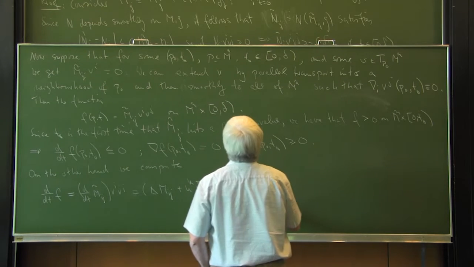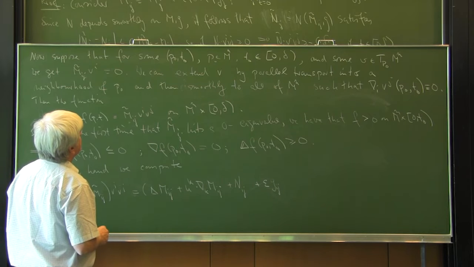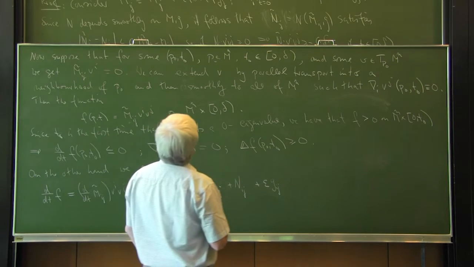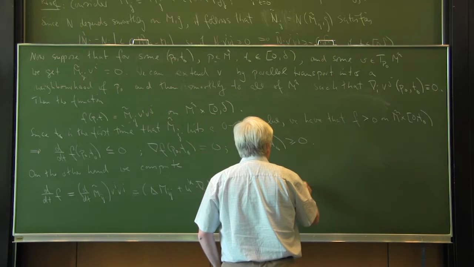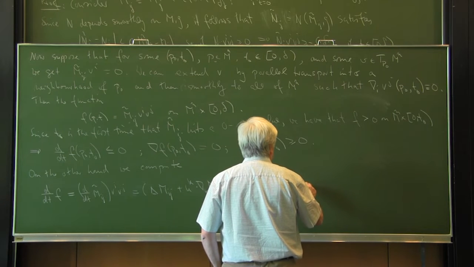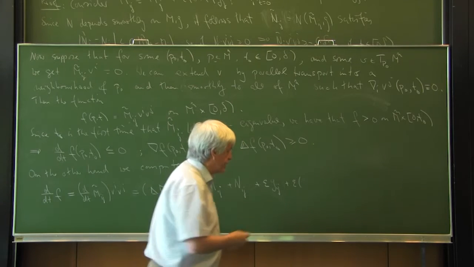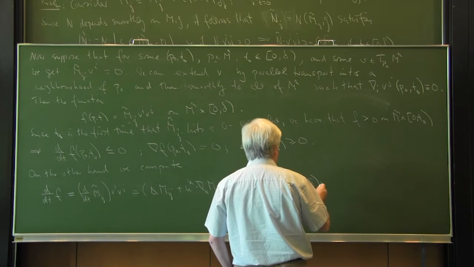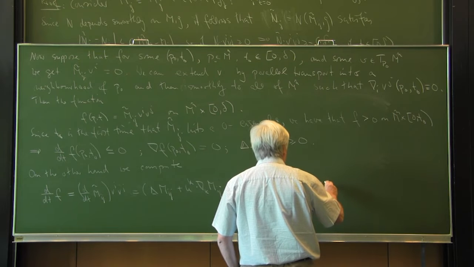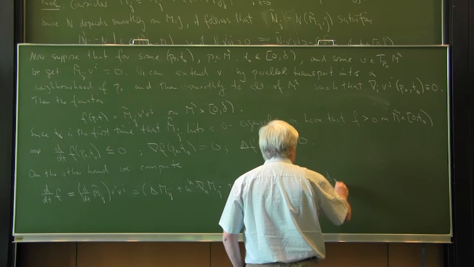Right, there's another term. The Gij also has a time derivative, so we get plus epsilon times delta plus t, but delta t is less than delta, so we estimate this by 2 delta times the time derivative of the metric.